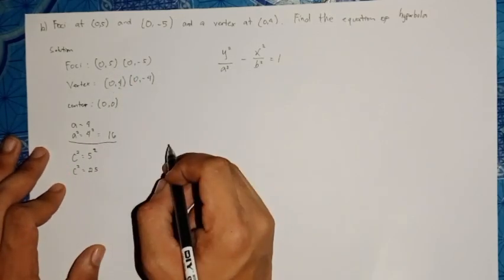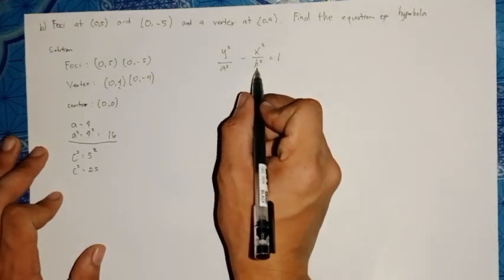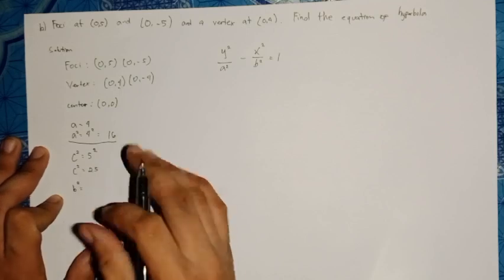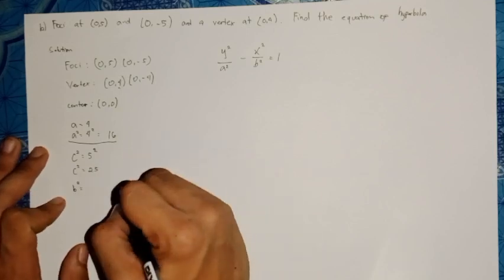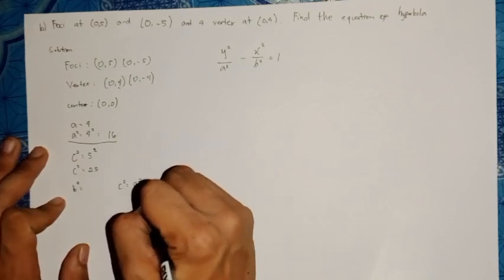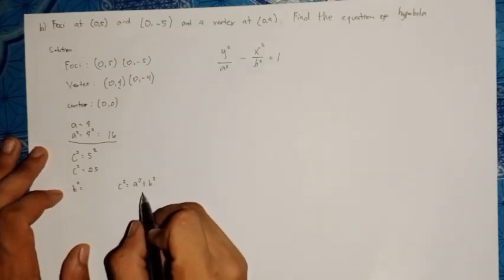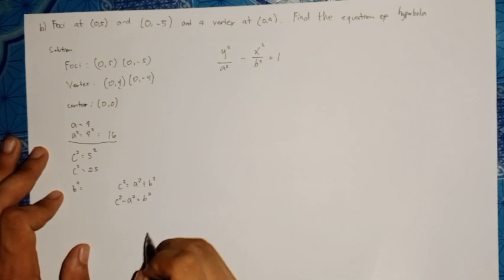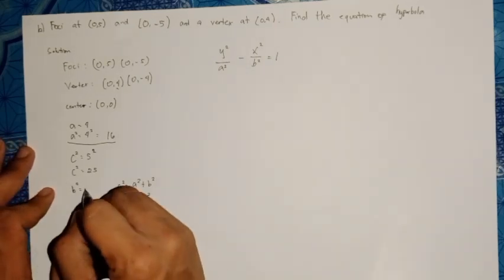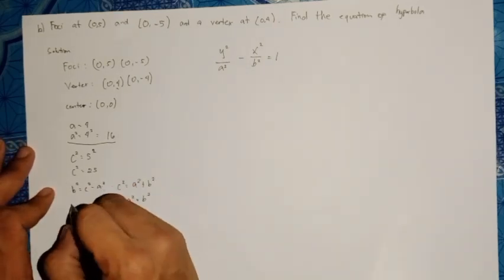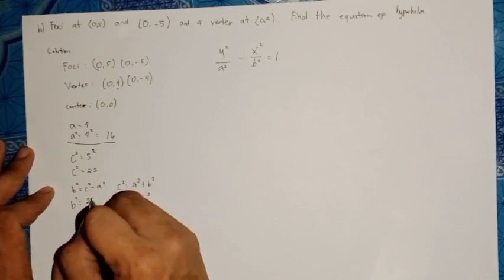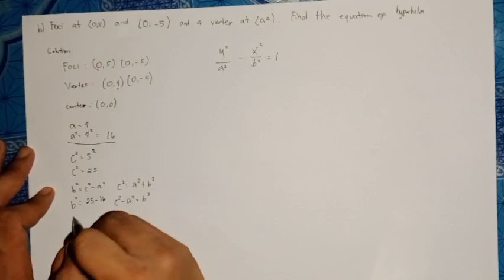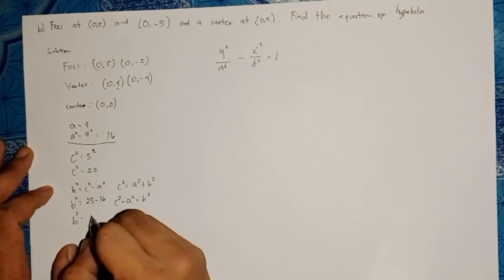Now, we have to find b. To find b squared, we need to use the formula c squared is equal to a squared plus b squared. We manipulate this to find b squared. So c squared minus a squared is equal to b squared. So b squared is equal to 25 minus 16, which is equal to 9.